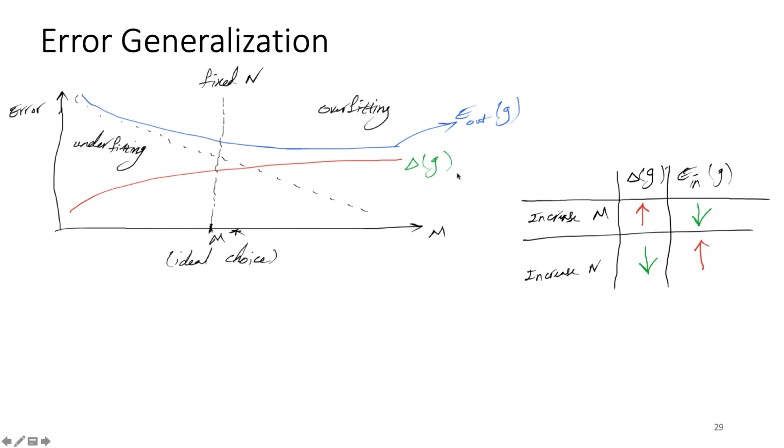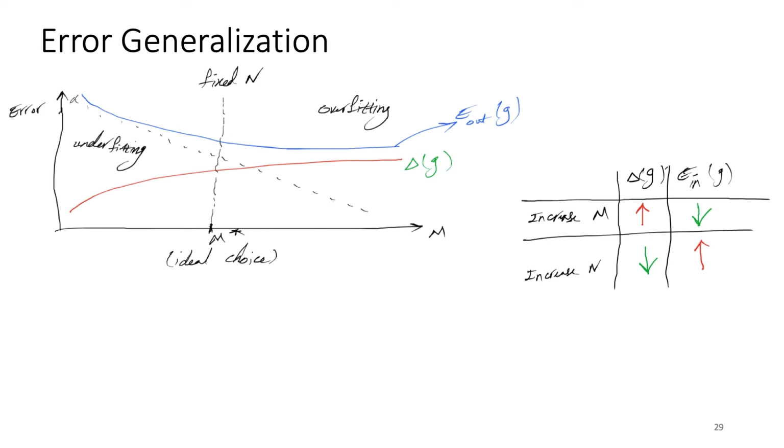And that's how we can define, for a fixed n with m variable, the underfitting and overfitting regions of your graph.